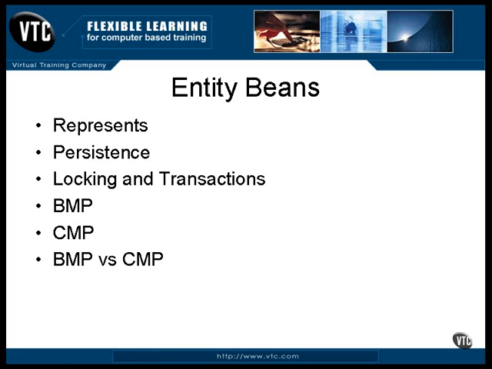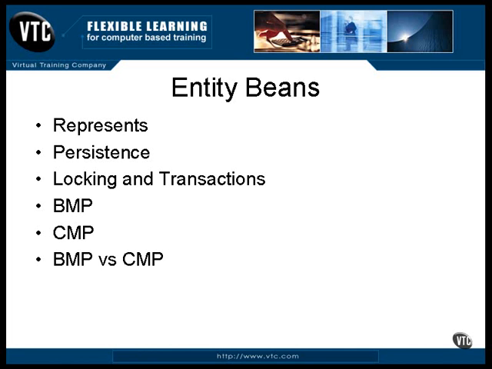When you write an entity bean, you write it one way or the other. BMP, Bean Managed Persistence, could be considered the old way, while CMP, Container Managed Persistence, could be considered the new way. CMP has some advantages. For one thing, it provides you with the ability to construct more of an object-oriented view of things.